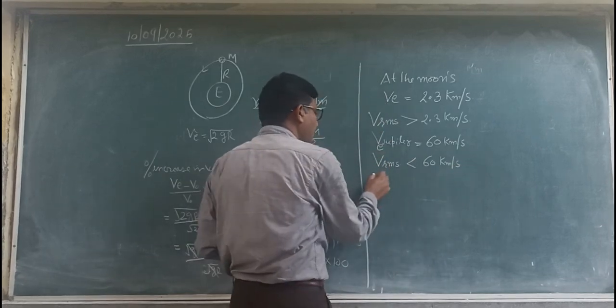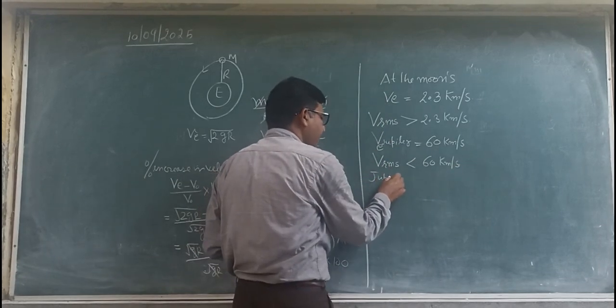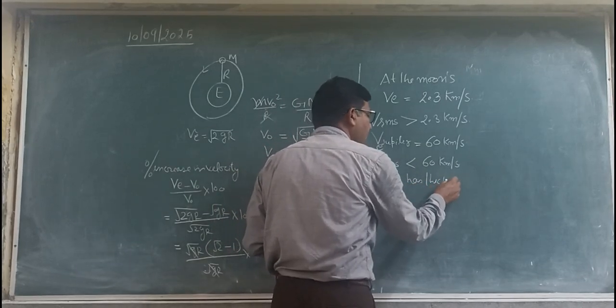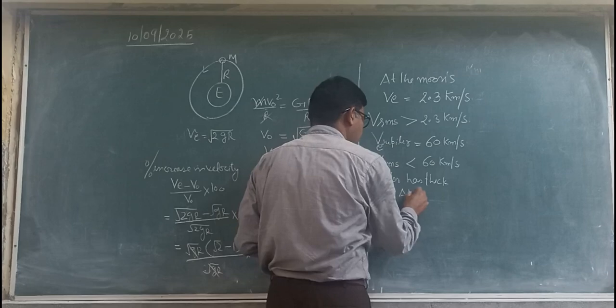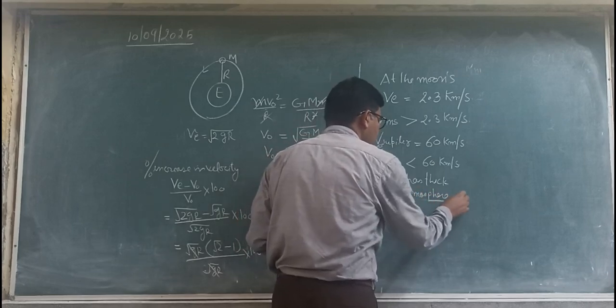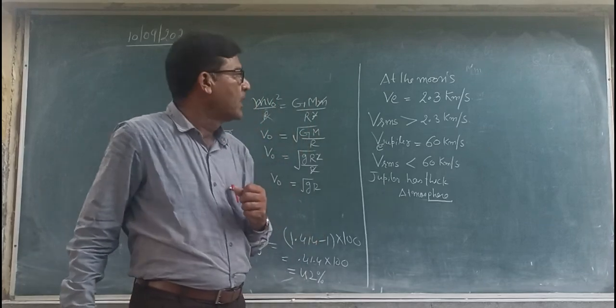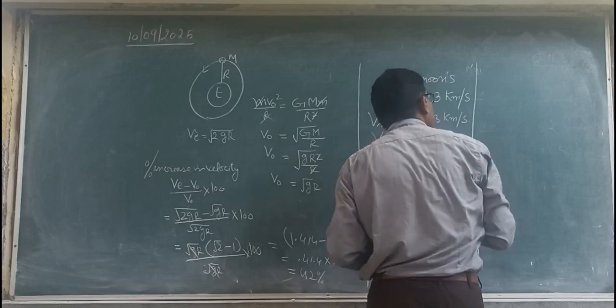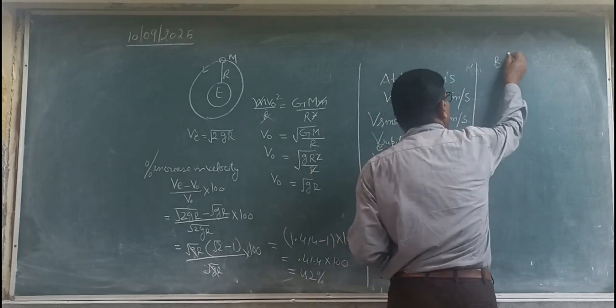Therefore, Jupiter has a thick atmosphere. That is the reason. Now we come to another concept, the concept of the black hole.